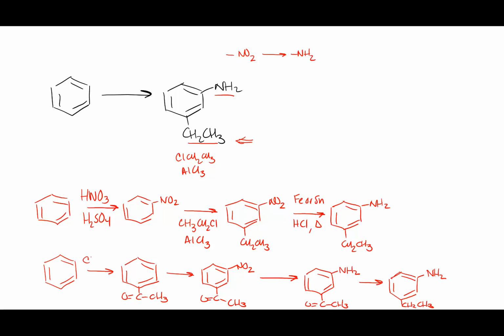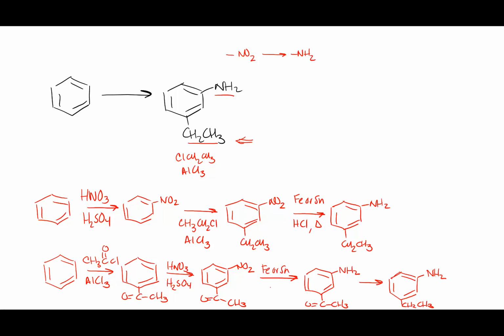We would start by saying, let's do Friedel-Crafts acylation. Nitric and sulfuric acids to put the nitro group on, again with the carbonyl directing to the meta position.